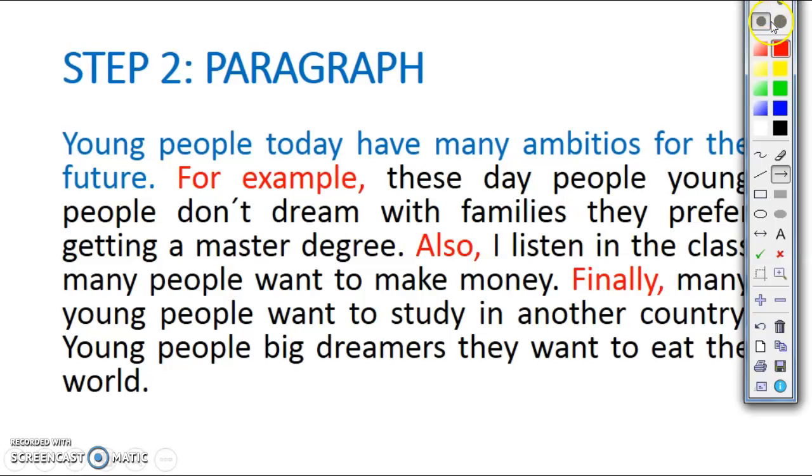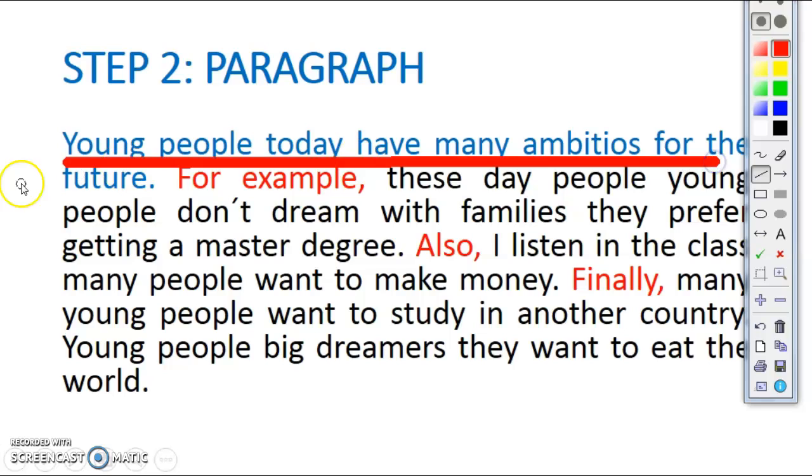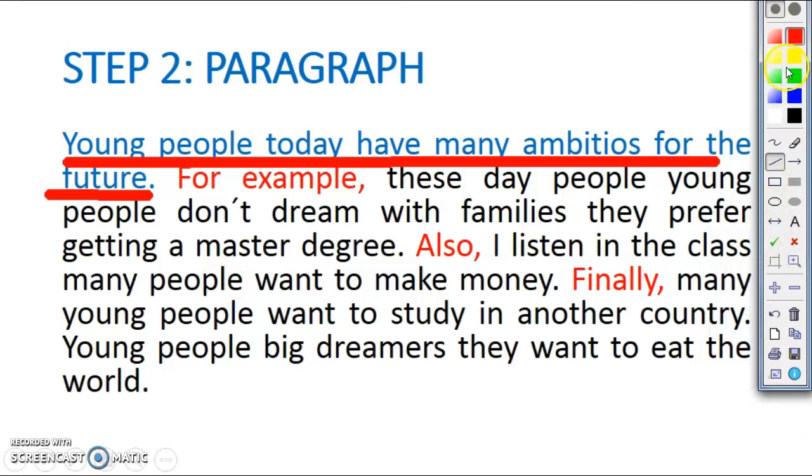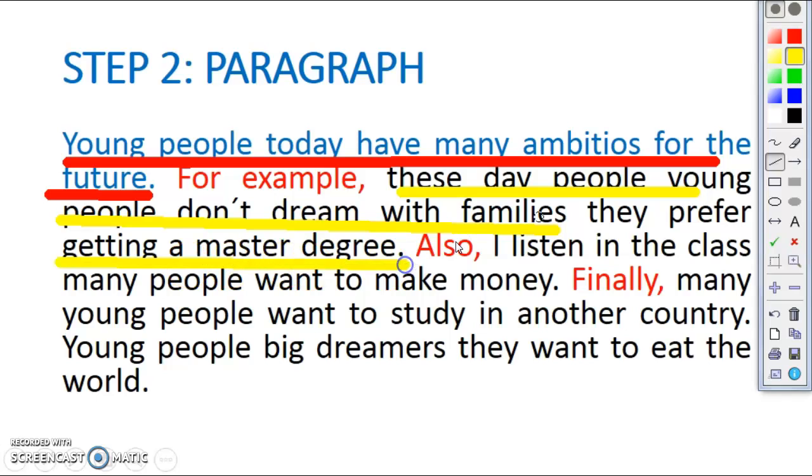What do I do first? First of all, I copy, of course, my topic sentence. This is my topic sentence, in blue. Then I start copying my supporting ideas. This is supporting idea number 1. As you can see, I am connecting supporting idea number 1 with one connector. In this case, for example, young people today have many ambitions for the future.